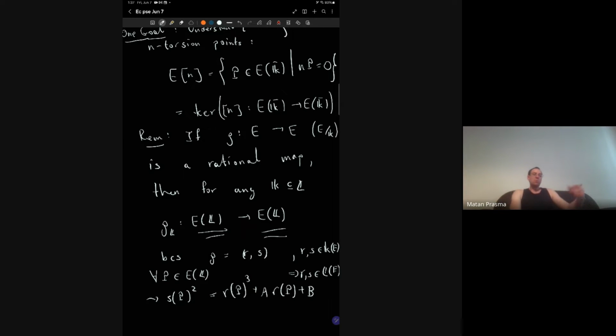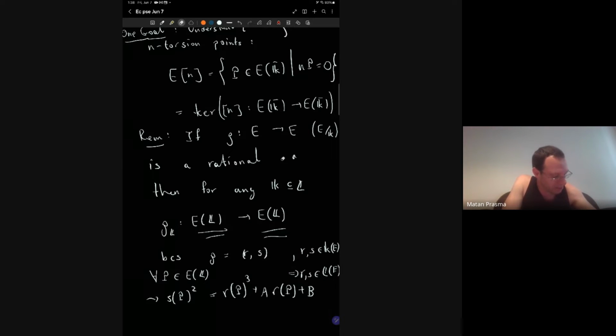So often when we talk about rational maps, even if E is defined over a non-algebraically closed field, we want that the rational map will be valid for every point, I mean, will be defined over the algebraic closure.